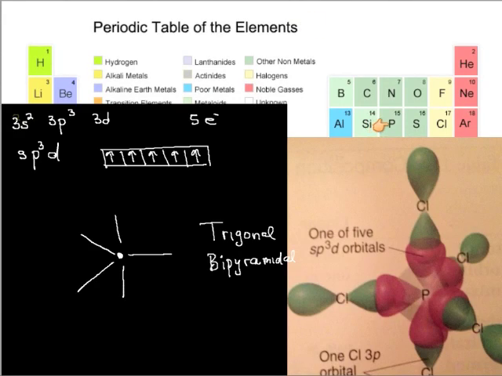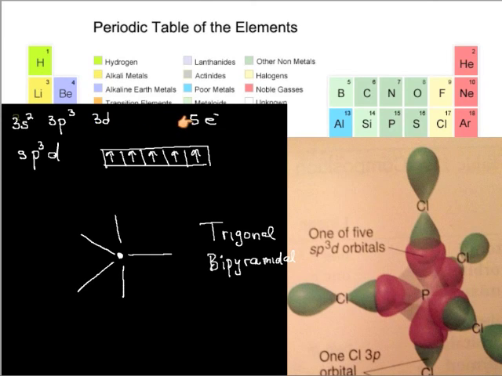I now want to go to phosphorus. Phosphorus is very interesting because it's in the 3rd energy level. The valence shell is 3s2, 3p3, and we have 5 electrons altogether. But know that in the 3rd energy level, you also have d orbitals.